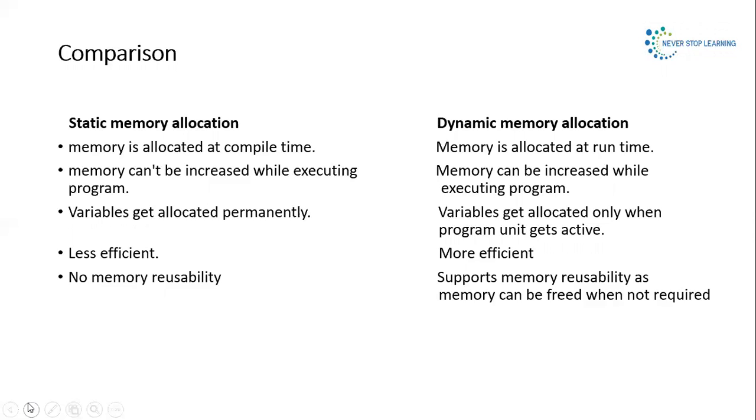There is no concept of memory reusability for static memory allocation, because the variables are permanently allocated. Whereas dynamic memory allocation supports memory reusability. After we are done with the block, we can free the memory, right? So this way you can compare static and dynamic memory allocation.